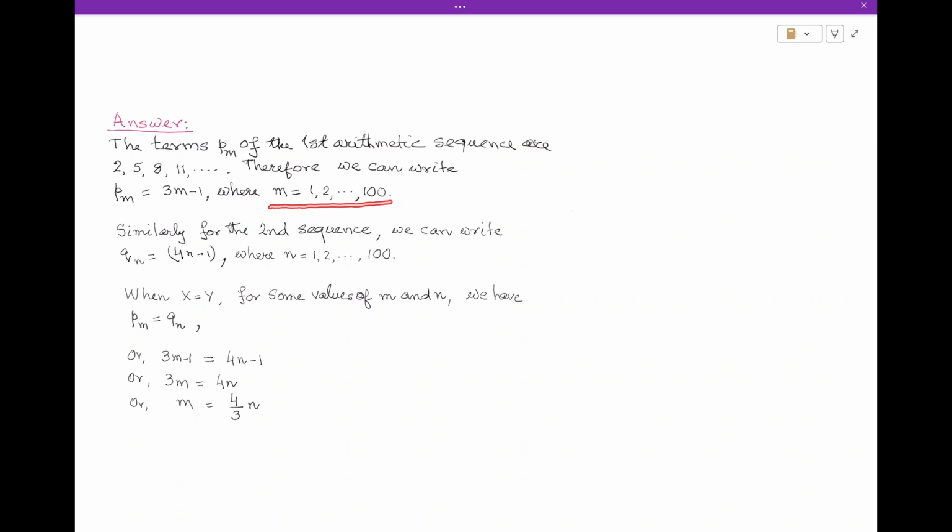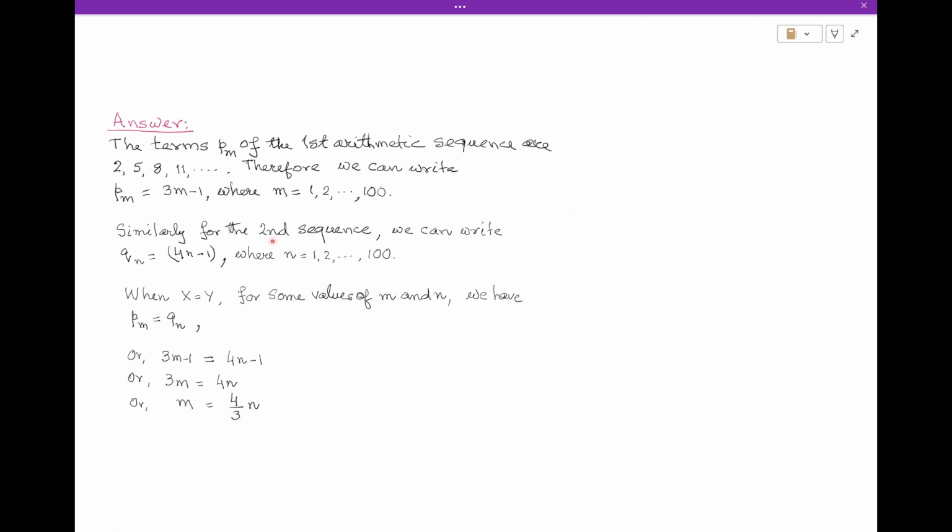When we give different values to m, we get different terms of the arithmetic sequence. For example, when m is equal to 1, 3m minus 1 is equal to 2, which is the first term. If m is equal to 2, we get 6 minus 1, that is 5, which is the second term. Like this, it will go for 100 terms.